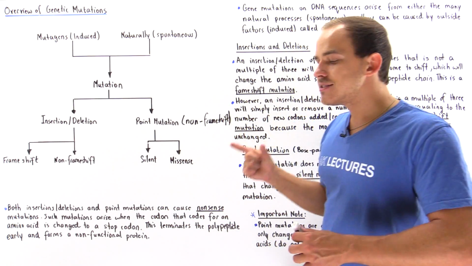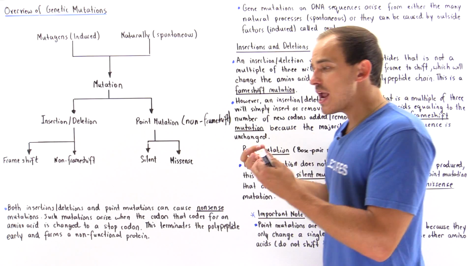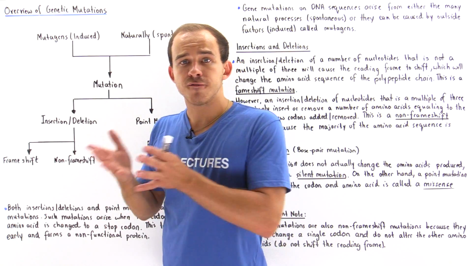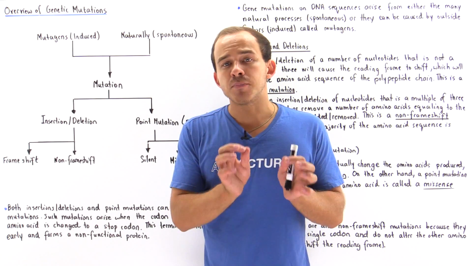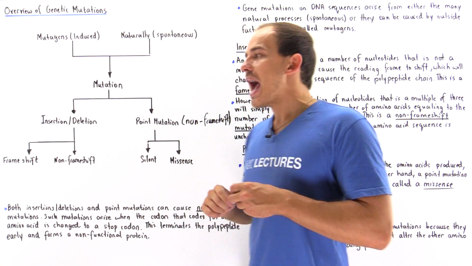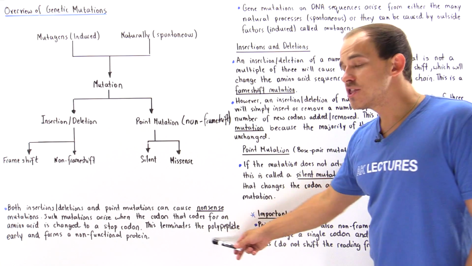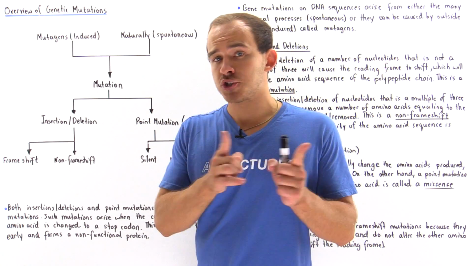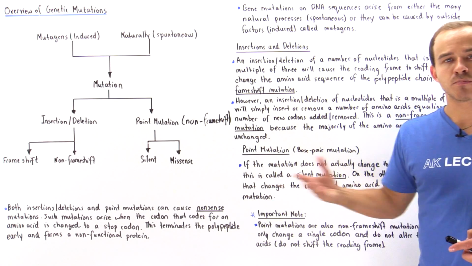A nonsense mutation is a mutation when we change a codon that codes for an amino acid into a stop codon that terminates our polypeptide chain, and this terminates the polypeptide chain prematurely, and this creates a non-functional protein.